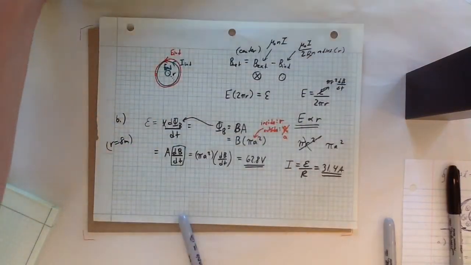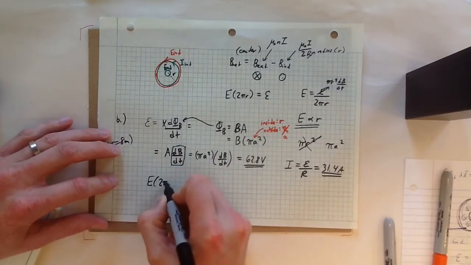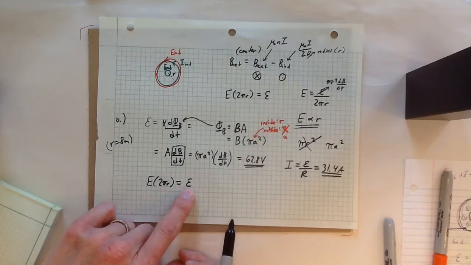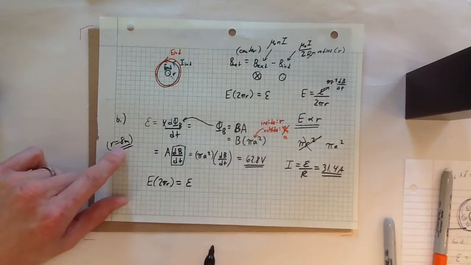Okay, so let's work it out. Same thing. Really, all you have to do is this. If you have this EMF numerically, just divide by 2 pi r. This is where, of course, you would use the 8 meters.